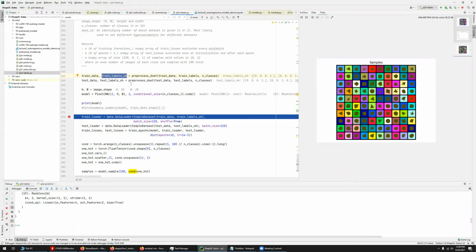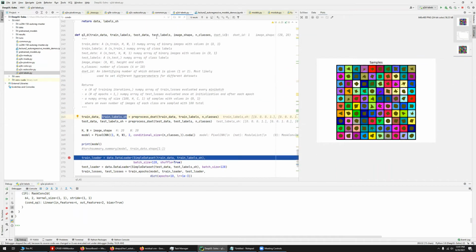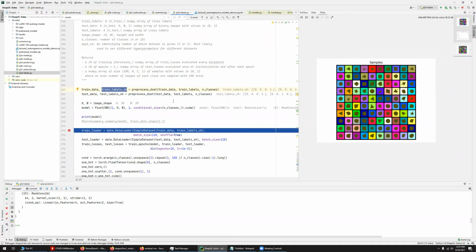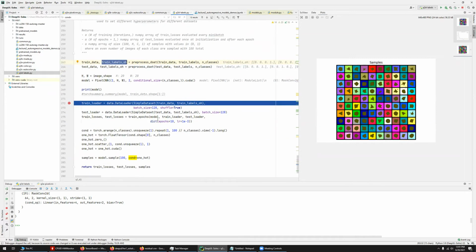But yeah, the difference here is we also have the labels now. Not only do we have the data, but we have the labels, and there are four different types: circles, squares, stars, and triangles. So the labels are also there. What we do is we give the conditional size as the number of classes, which is obviously 4 here.